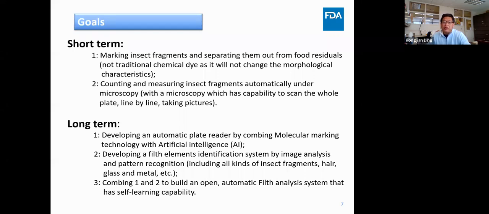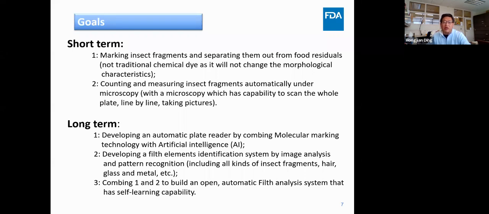Because that will change the morphology and character of the insect fragment, so you cannot identify them under a normal light system. This new technology will mark the chitin, and under a normal light microscope it just looks the same as before, but under a fluorescent light system it will be different.